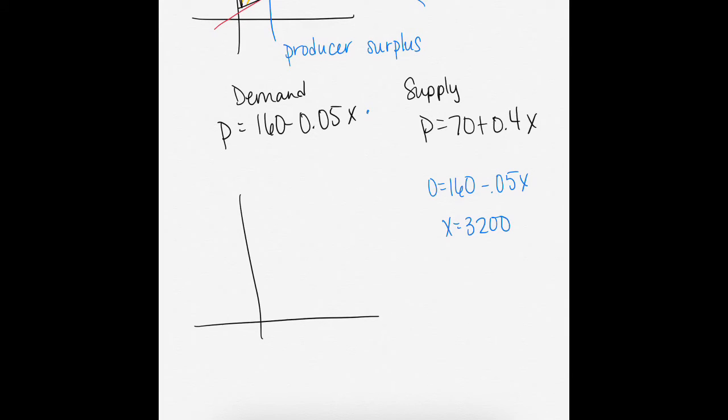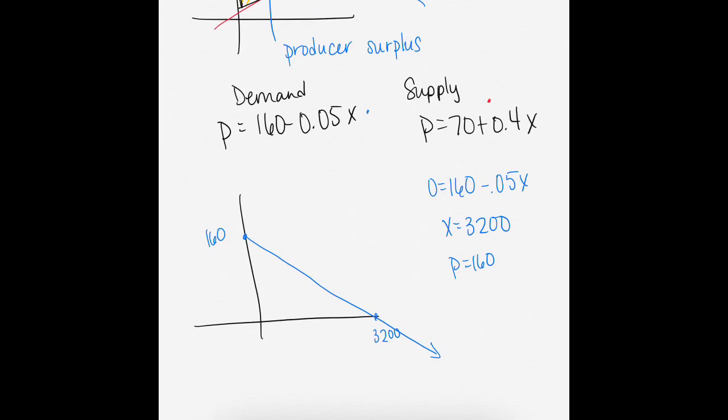So that's going to cross down here; we're going to say this is our 3,200. And then if we're looking for the y-intercept, I think I might have said that wrong last time. If we're looking for the y-intercept, we're going to plug in 0 for x. So that means that P will be 160. So we're going to say this is 160. So that's going to be the demand line.